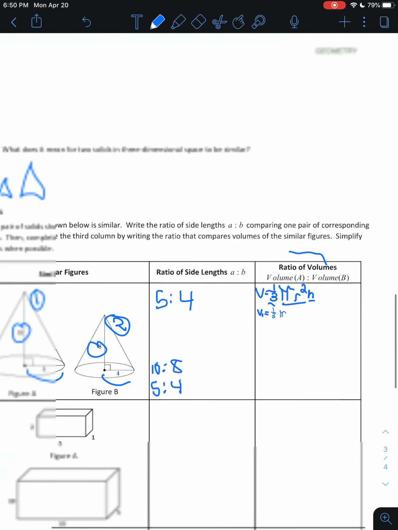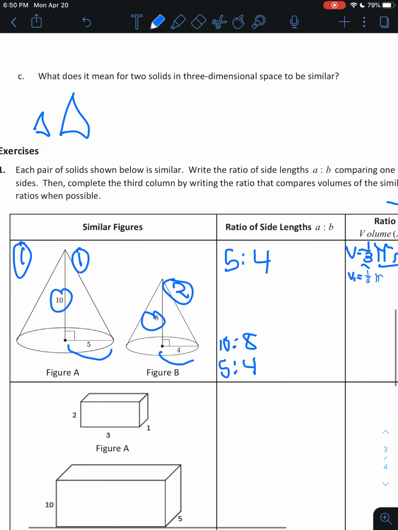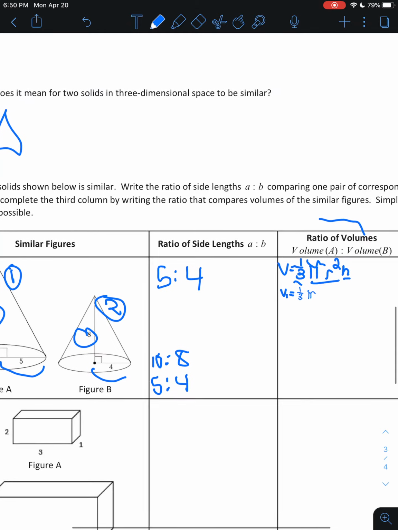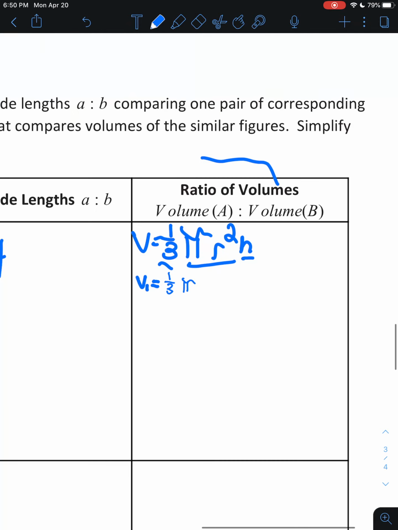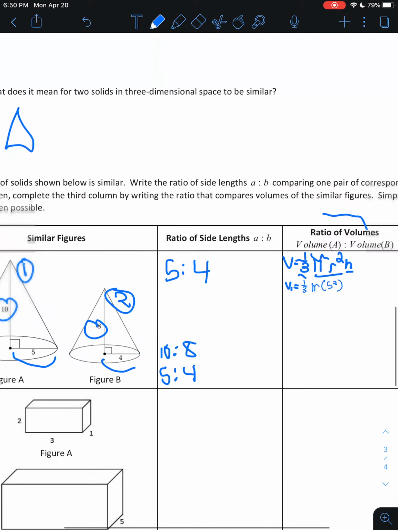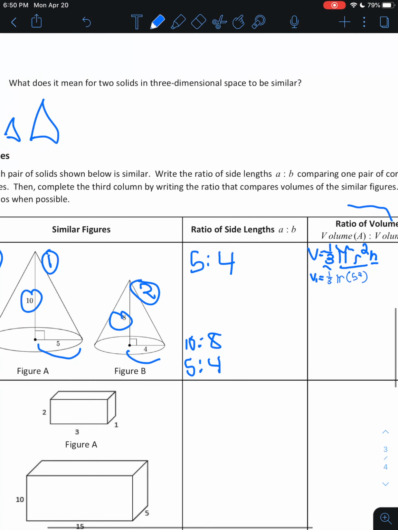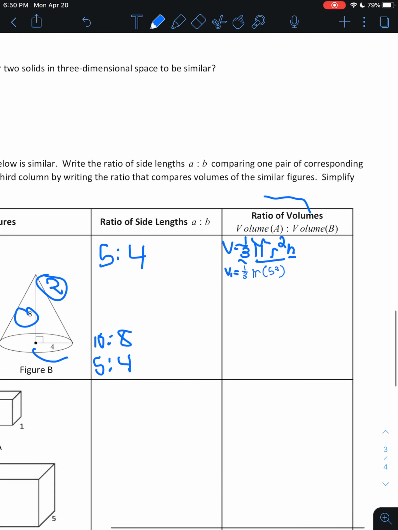So the radius of this larger cone here was 5, right? So then we would have times 5 squared times height. And height, again, if we look, was 10, right? So times 10.